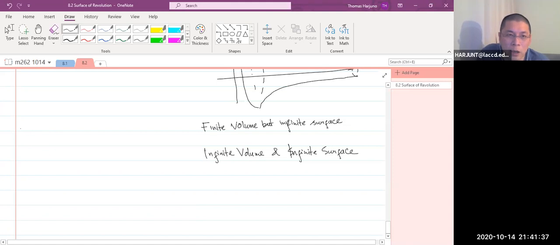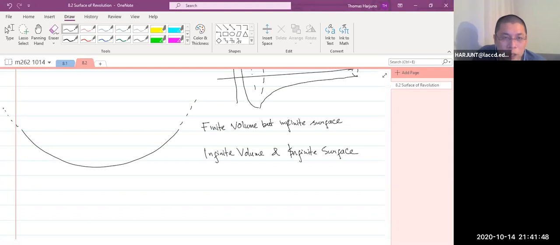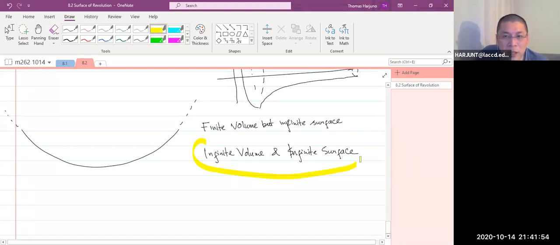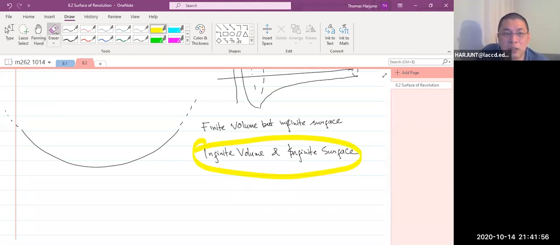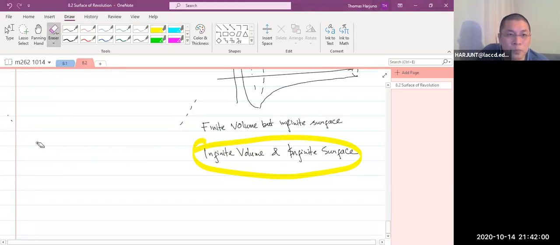Just get a very, very big three-dimensional parabola. The surface must be infinite, right? And it will hold an infinite amount of water. Does it make sense? Is it possible for us to create a finite surface containing infinite volume?